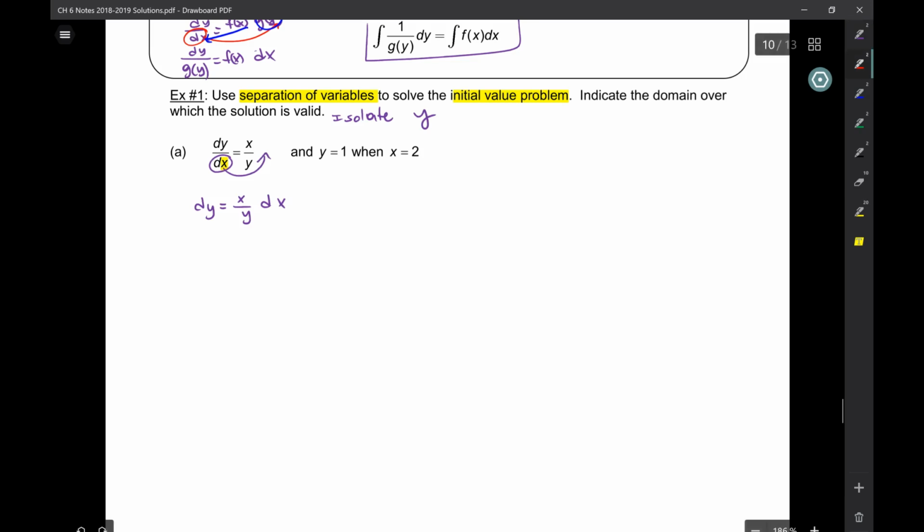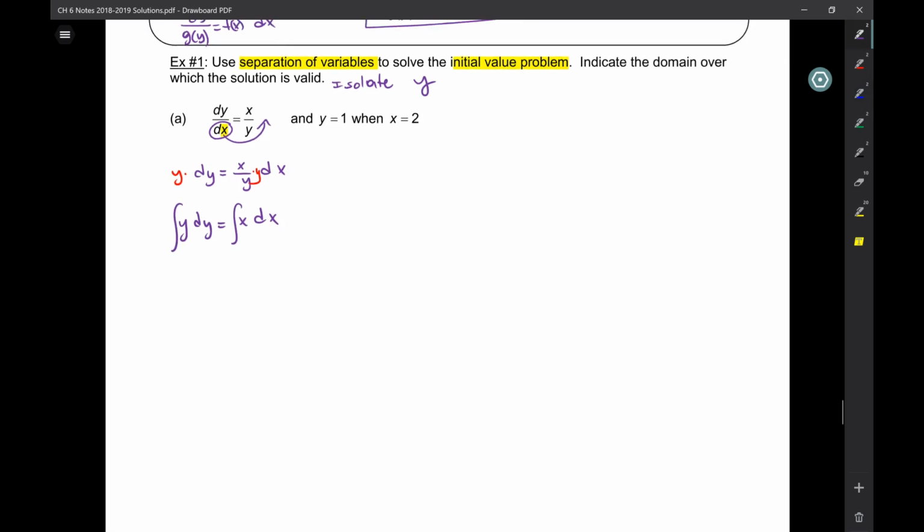Multiply both sides by y. So I have y dy is equal to x dx. Now what? Take an integral of both sides. Now when you take an integral, this is going to be y squared over 2 plus c. And then here you're going to have x squared over 2 plus c2, remember? And then the c's combine, and you have plus c.